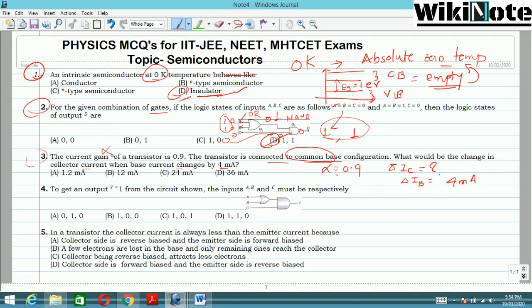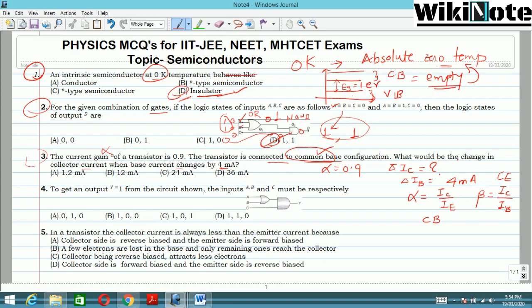Now alpha has a relation as IC upon IE. This is the current amplification factor in case of common base configuration. One more amplification factor is beta, given by the formula IC divided by IB. This is used in case of CE configuration, and alpha is used in case of common base configuration.